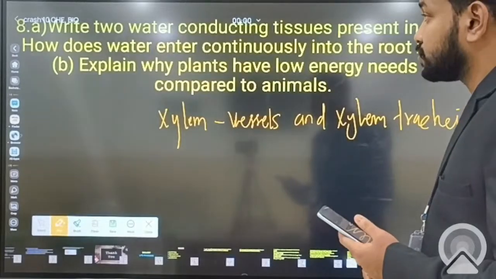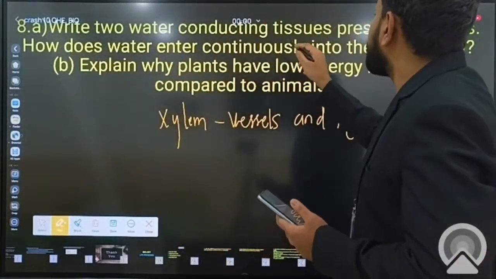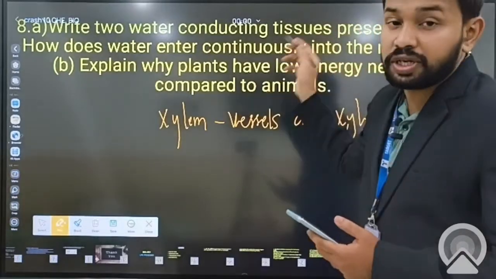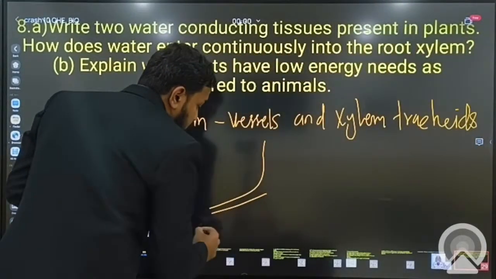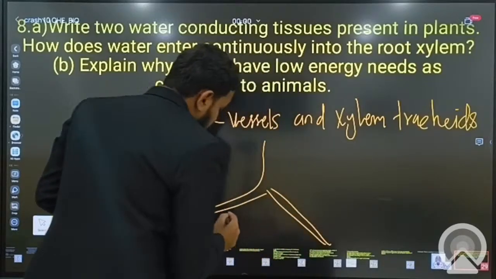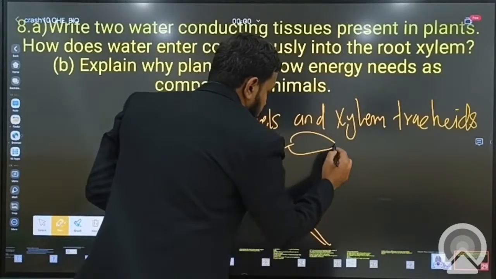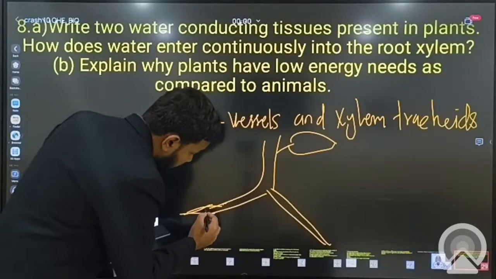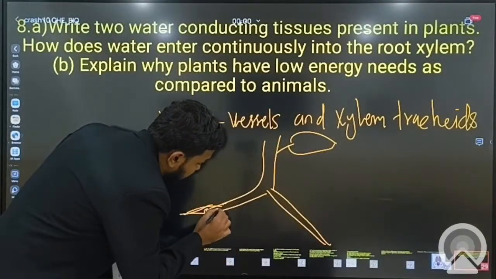Is it clear? Then how does water enter continuously into the root xylem? If you are considering a tree, these are the roots. Look here. The root cells are there.